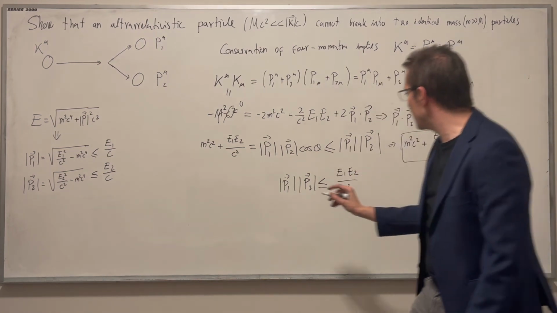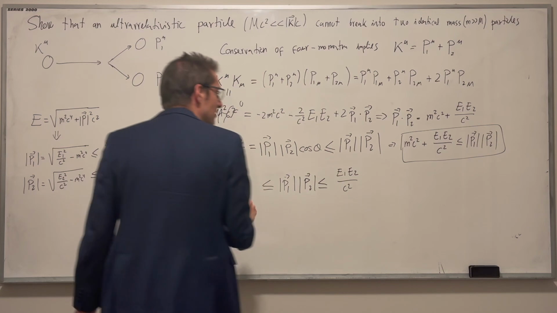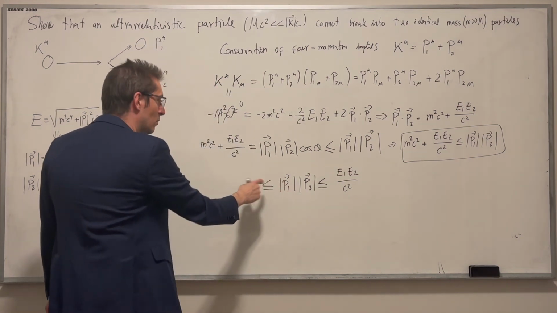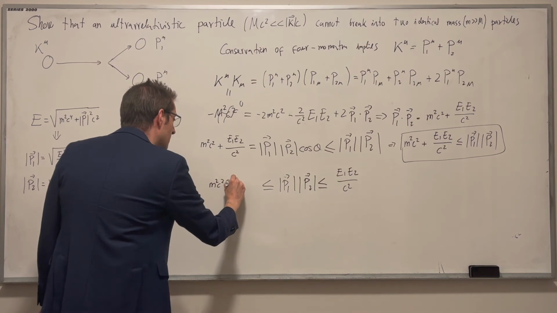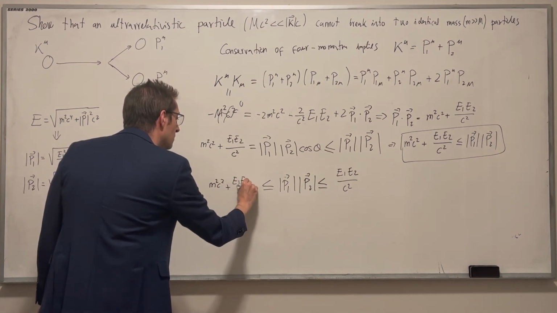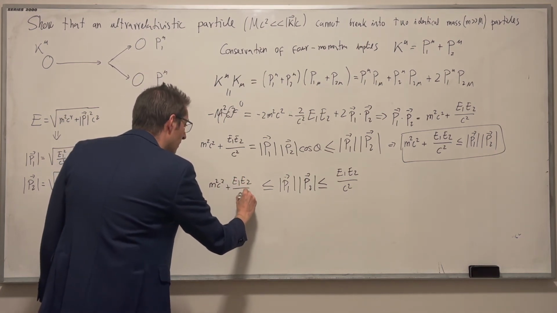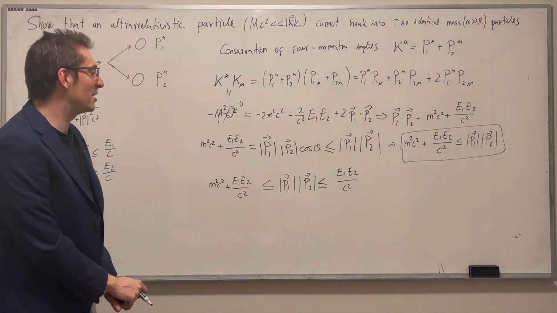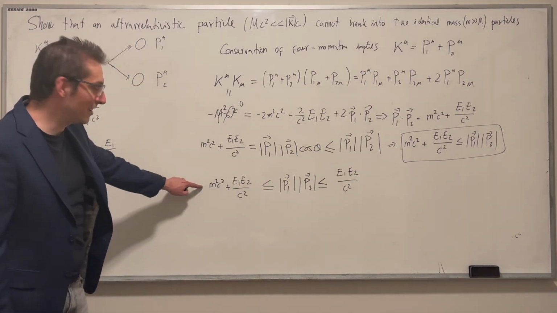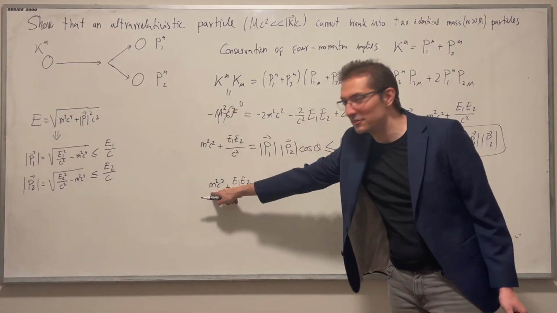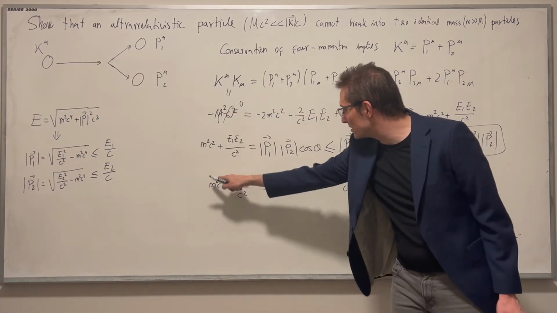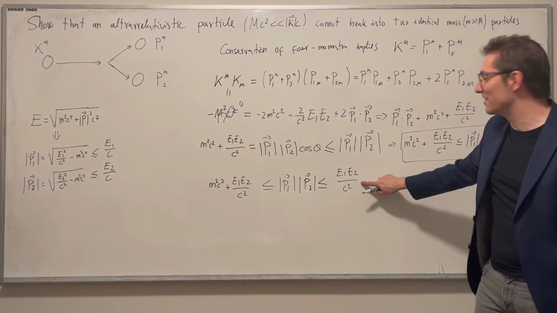But on the other hand, I have that this thing has to be larger or equal than m squared c squared plus E1 E2 divided by c squared. Well, that's a bit of a problem, because this thing is positive, this thing is positive, so this will always be larger or equal than this thing.